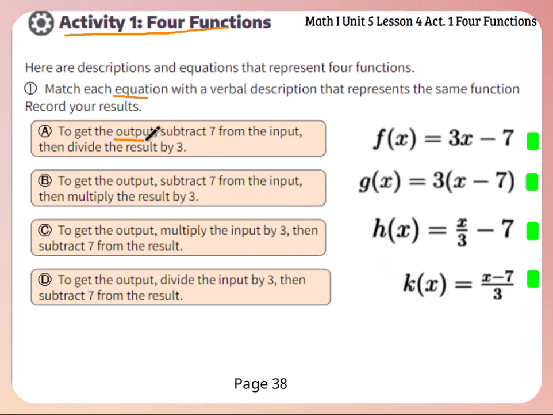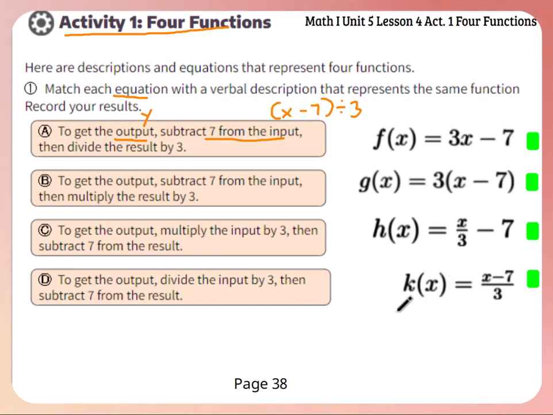To get the output, output is our y. We're going to subtract 7 from the input. Our input is x. So we're going to subtract 7 from x and then divide this result by 3. Do you see a match on the right? x minus 7 divided by 3.